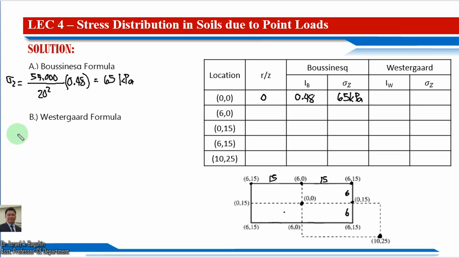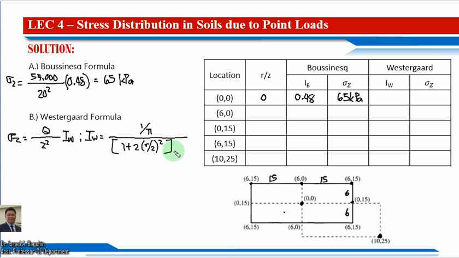So sigma z is equal to still our Q over z squared times I subscript W, where I subscript W is, if you can still remember this formula, 1 over pi over this quantity, 1 plus 2 times the ratio of R over Z squared, raised to the power of 3 halves.